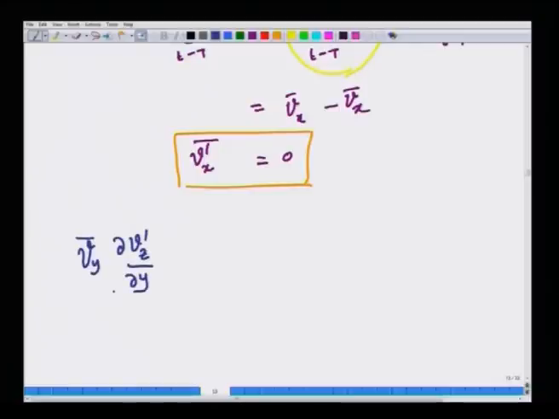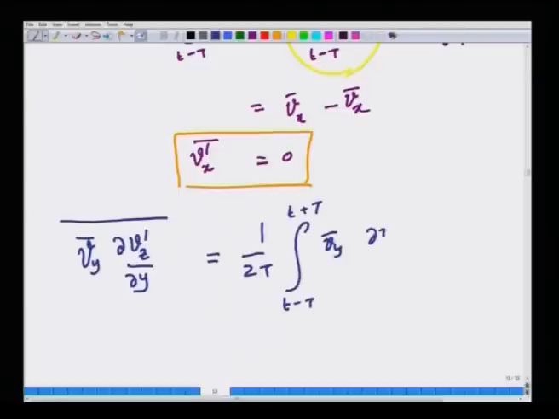We may have to do a time average of this entire quantity. Now, this can be understood in the following way: 1 over 2T integral from t minus T to t plus T of v bar y dv z prime by dy of t prime dt prime. This is what the meaning of the time average is.